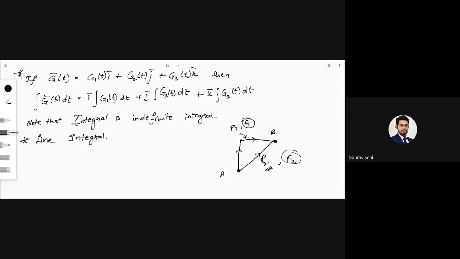So I'm considering that this vector field is not conservative, so F1 and F2 won't be the same.